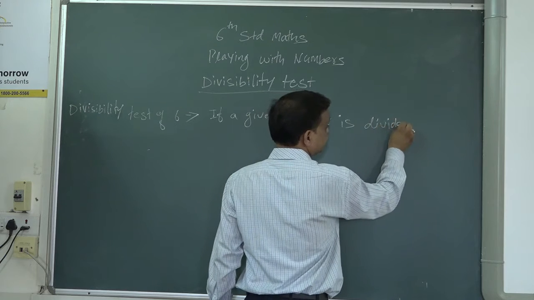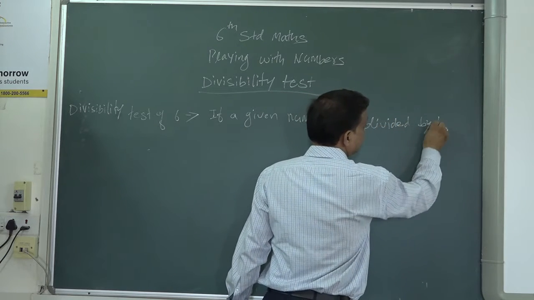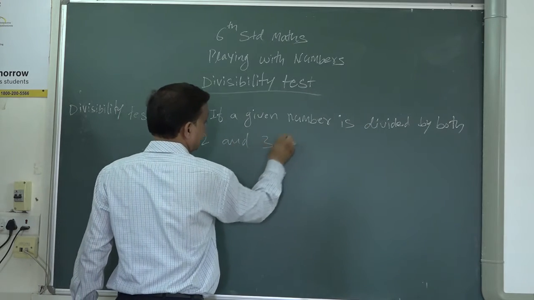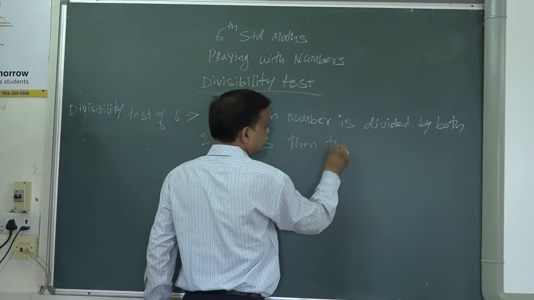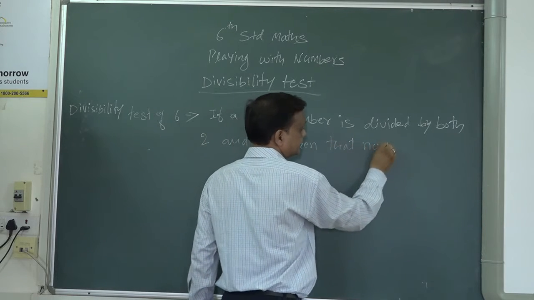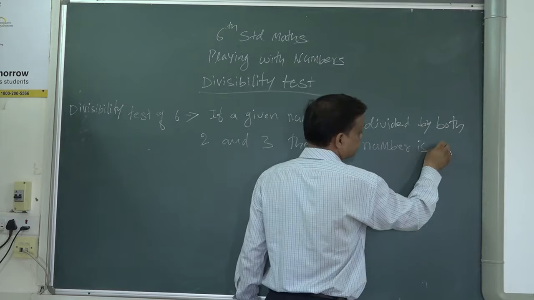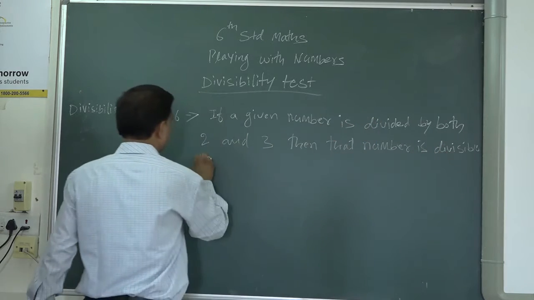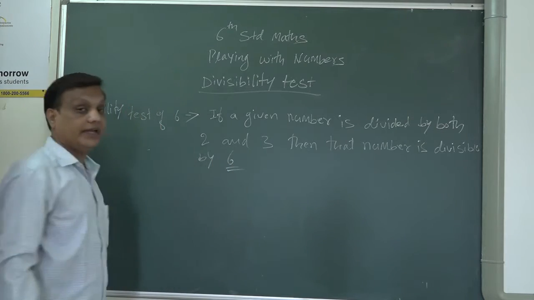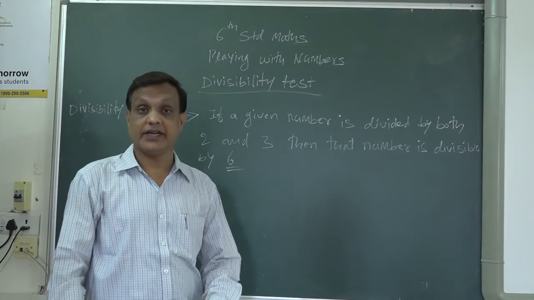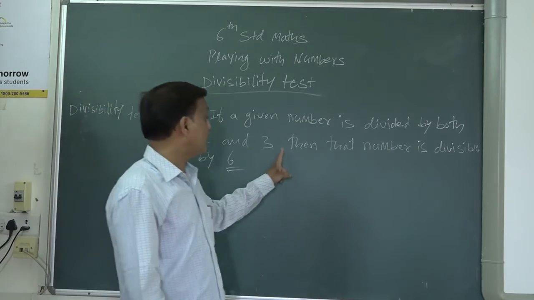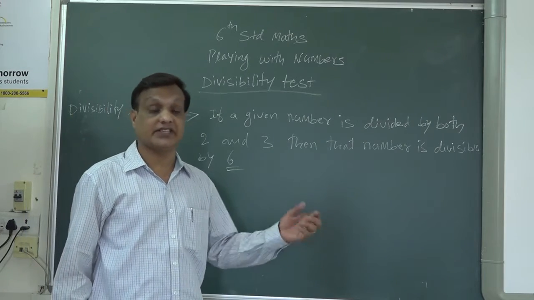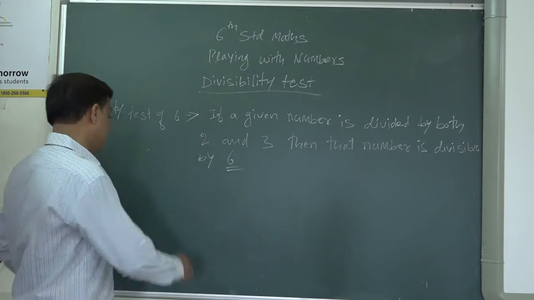It means whatever number is given, that number must be divisible by 2 and 3. Only then is that number divisible by 6. Otherwise that number is not divisible by 6. Example we will take.